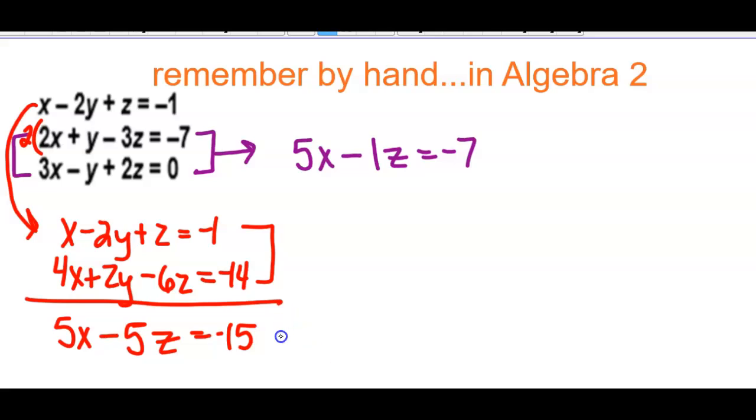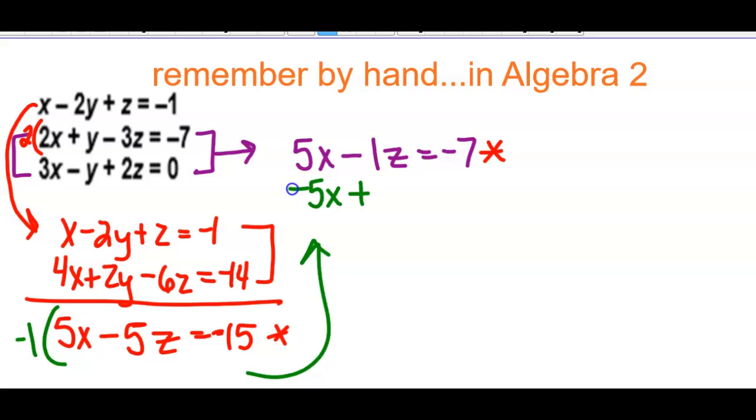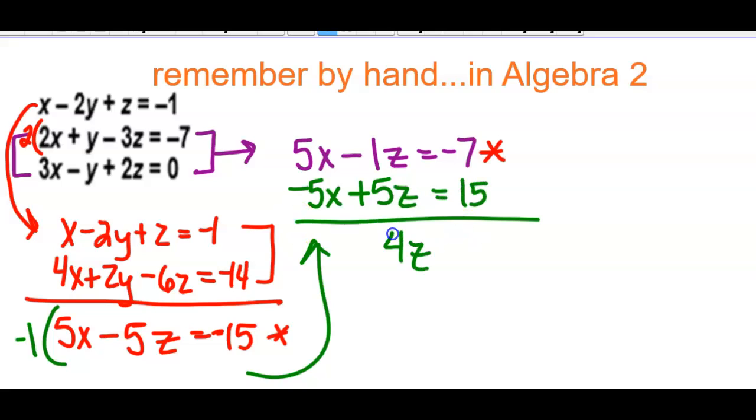Now, we happen to be in luck because this equation and this equation up here both have a 5x. So if I multiply this one through by a -1 and rewrite it underneath this one, I can add these and solve for z.